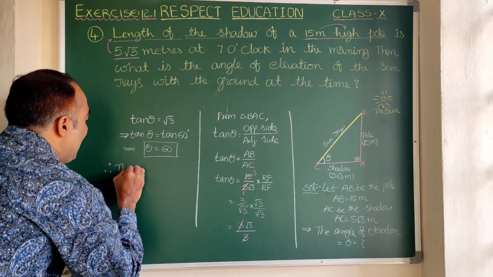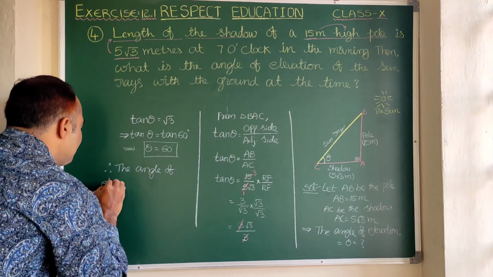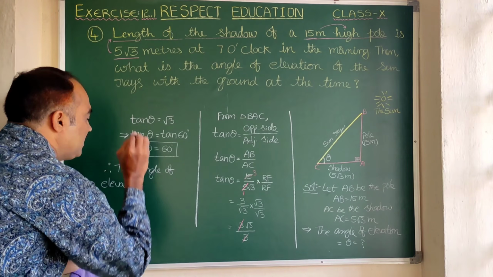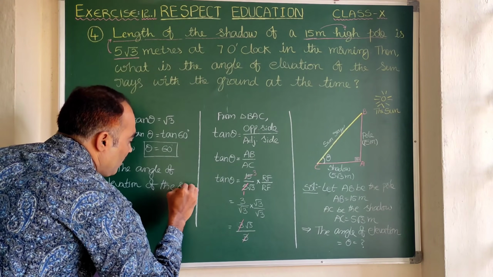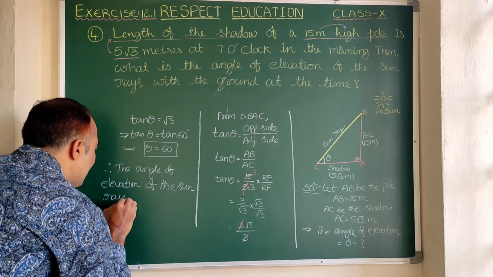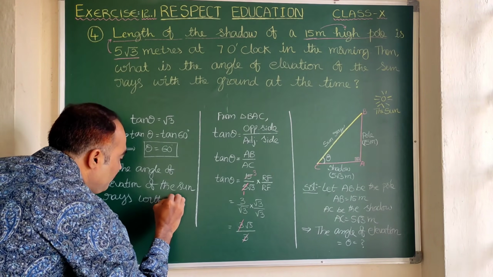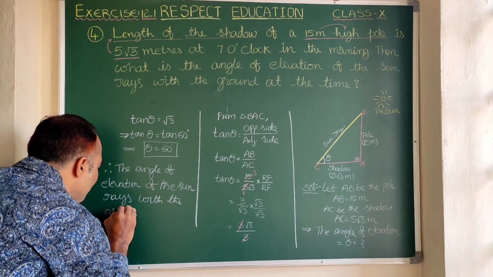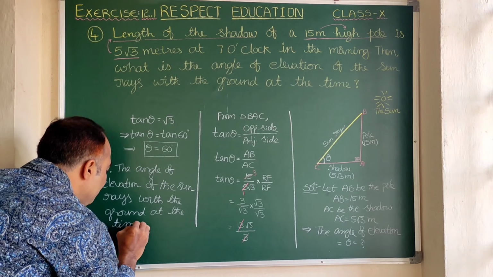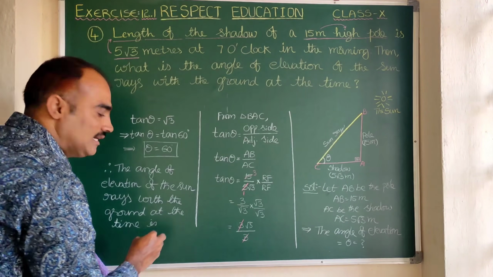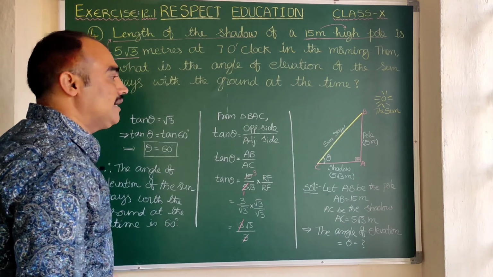Therefore, the angle of elevation of the sun rays with the ground at the time is, here you see we got 60 degrees. We can write as 60 degrees. With this problem 4 gets completed.